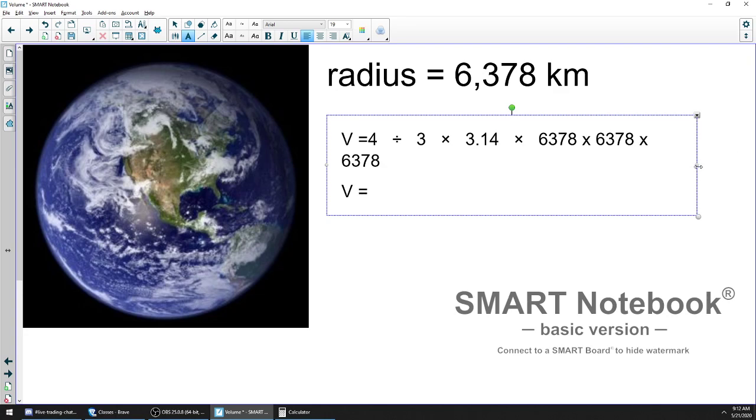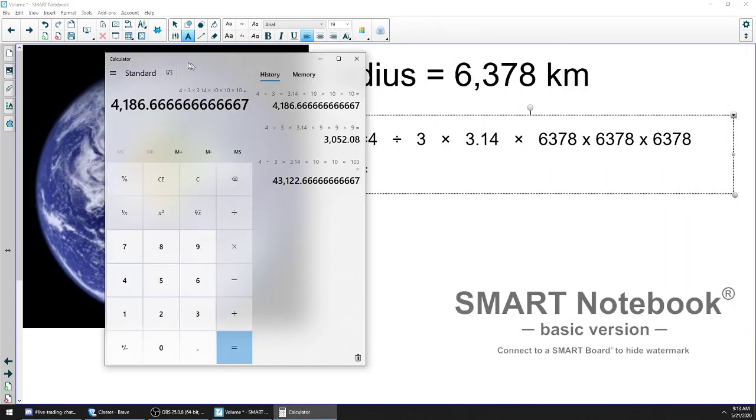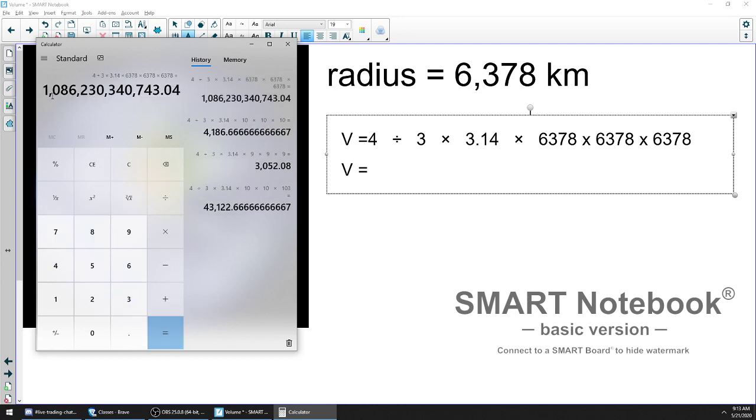What happens when we put this in the calculator? How much space do you think is inside the Earth based on kilometers? So let's do it. 4 divided by 3 times 3.14 times 6,378 times 6,378 times 6,378. Look at that number.